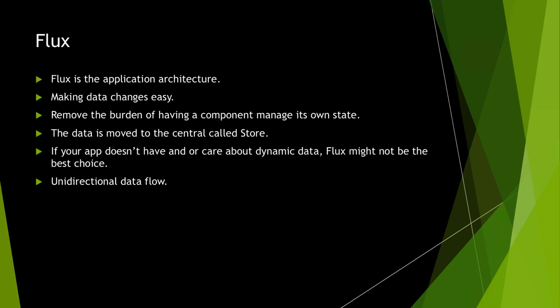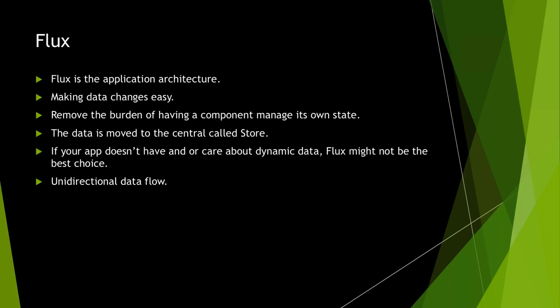I will take you through what that Flux architecture does briefly. Till now, in understanding state and props and virtual DOM, we saw that there is only one way of sending data to a component.